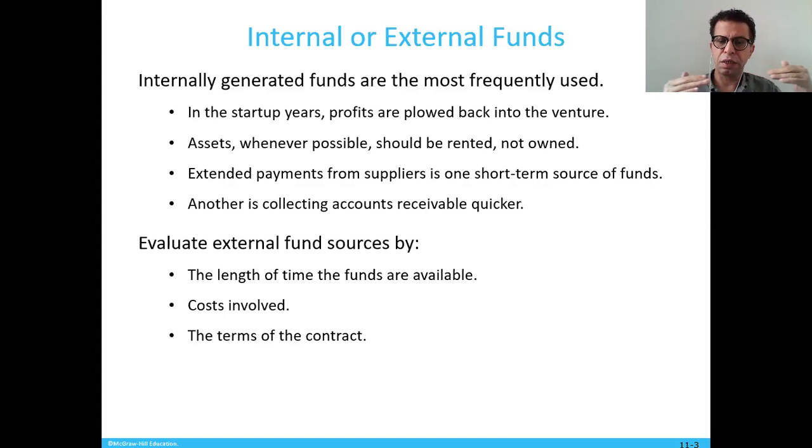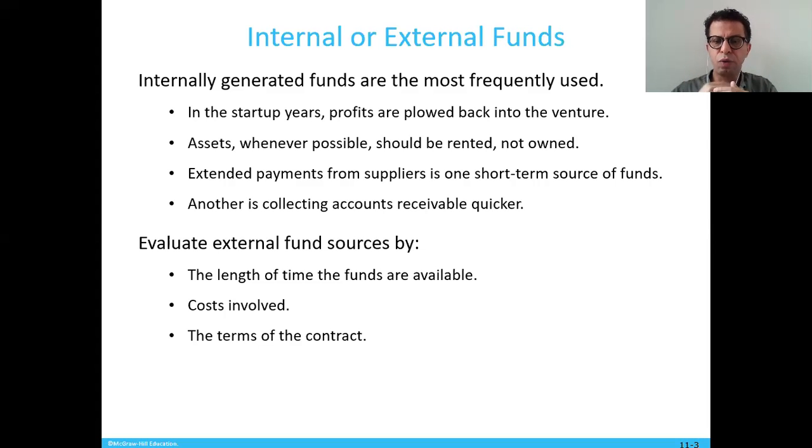The other thing you can do when you're getting things from the supplier is extend the payments and say, I'll pay you in 3 months, while you might be collecting your money from the customer within a month. So there are 2 months where you have cash that you can work with.